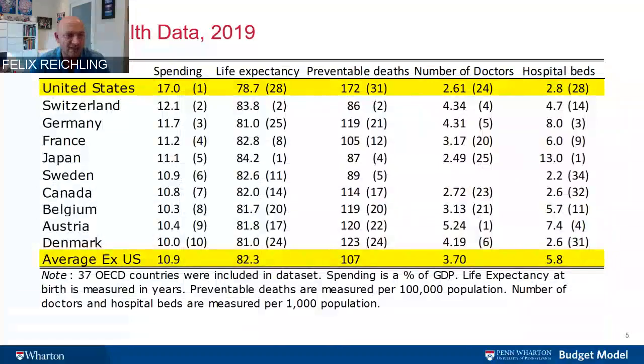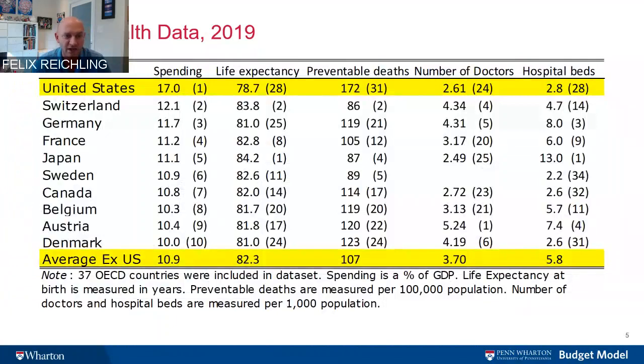What is interesting here is that the United States spends more than any other country, and I think we are all well aware of that. What we are less well aware of, I think, in general, is that we get fewer things for the amount of money we spend, like doctors and hospital beds, but also worse quality, like life expectancy and preventable death.